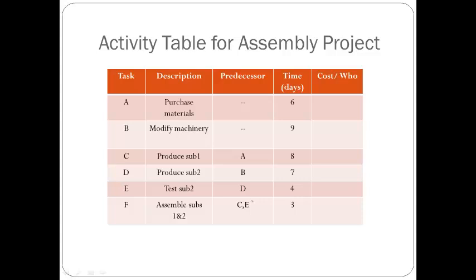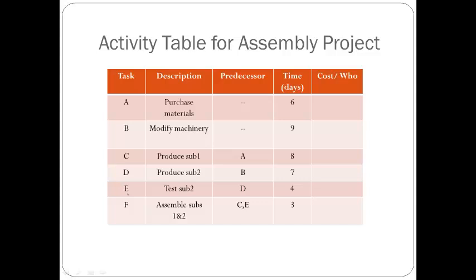And F's predecessor is C and E. So which means we're going to continue, okay? So we finished E. I'm going to go up a little bit, running out of space. Okay, so E has 4 days. So this is the end of my E.